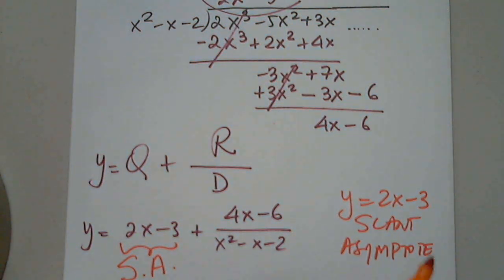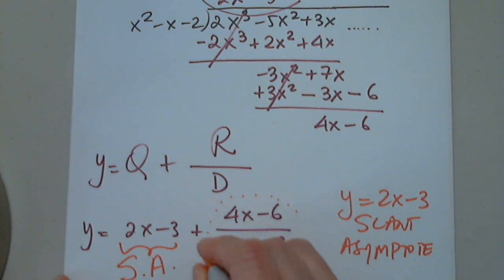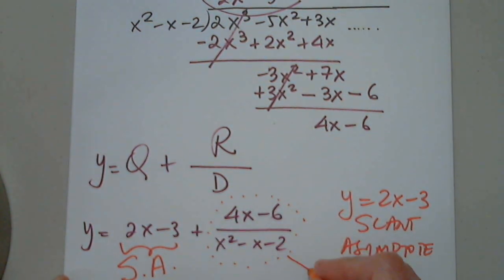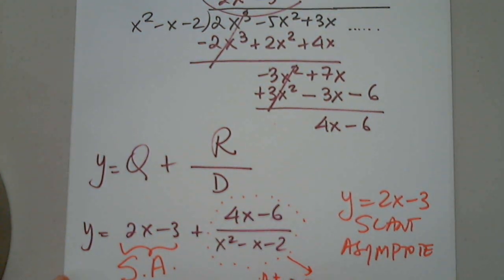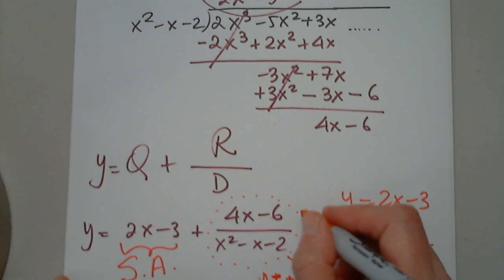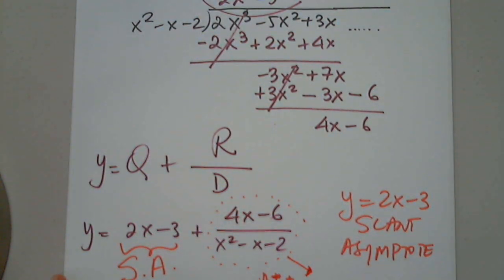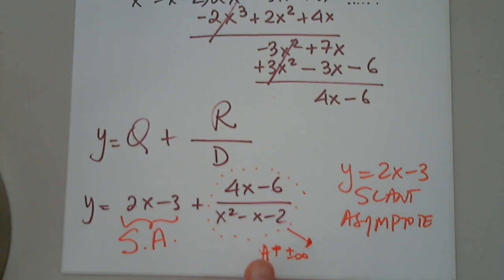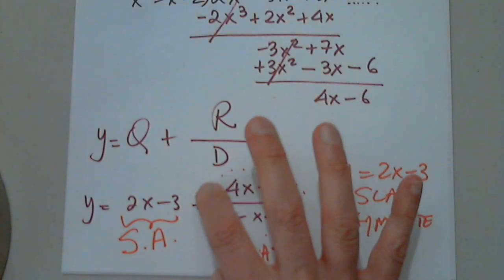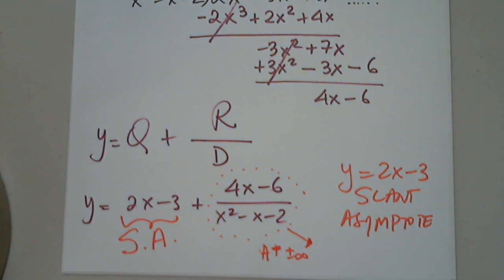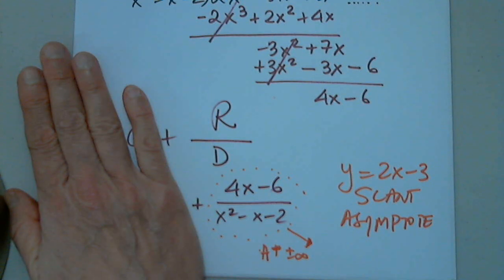And it's clear why. Because at infinity, this piece, at positive or negative infinity, where will this piece go? Look carefully. To 0.